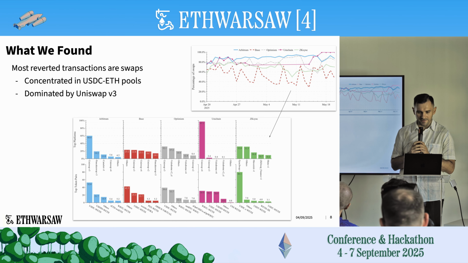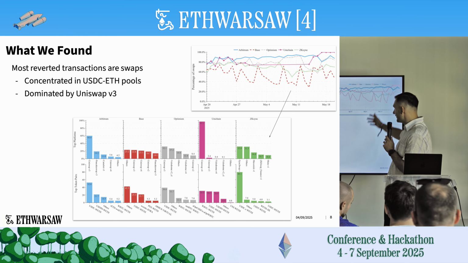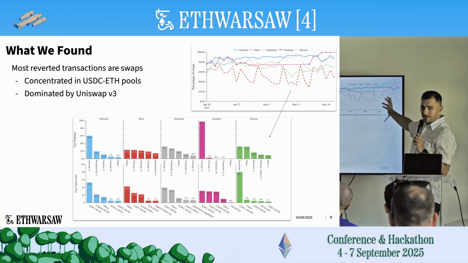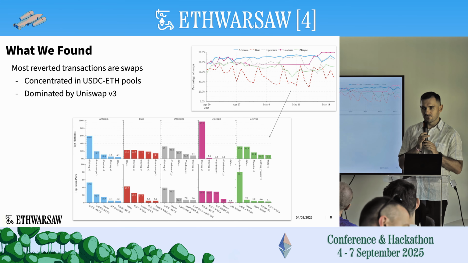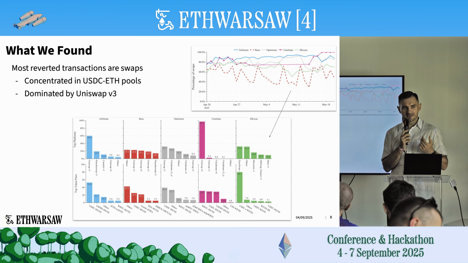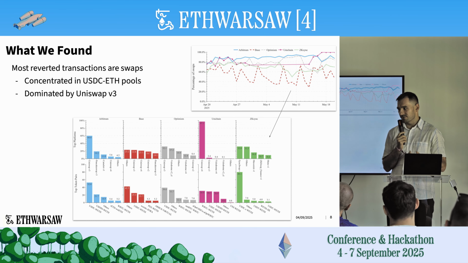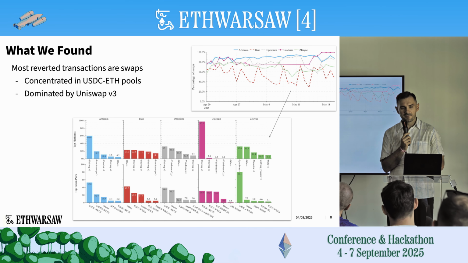And actually, we saw that the majority, like even 80%, or on some L2s 90%, of those transactions that are unsuccessful are swaps, or they are trying to execute a swap.